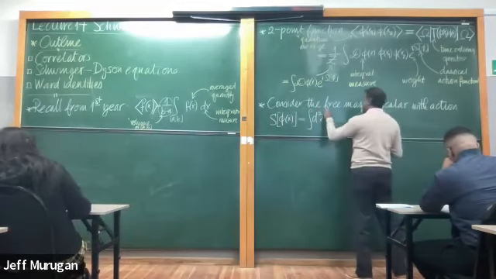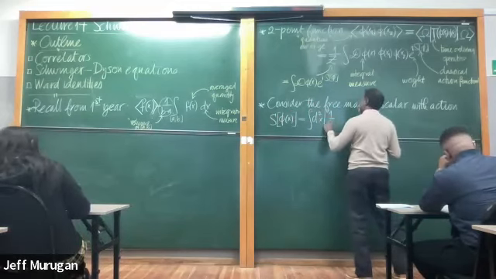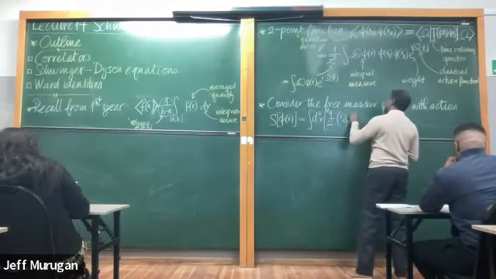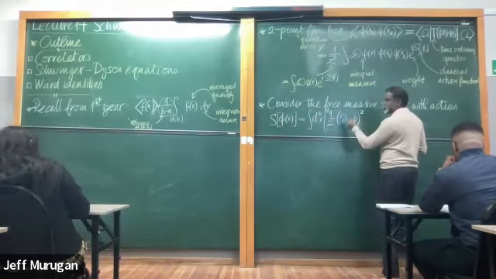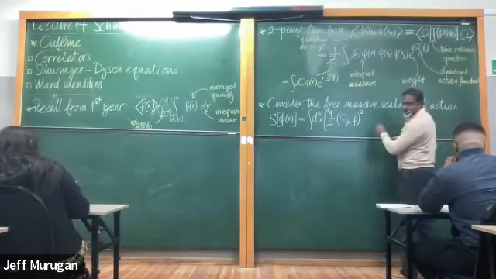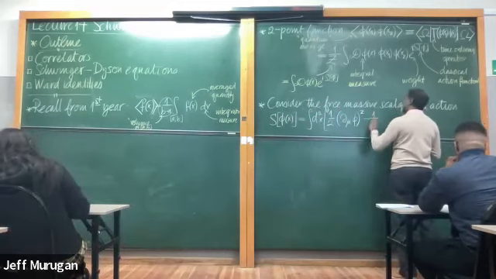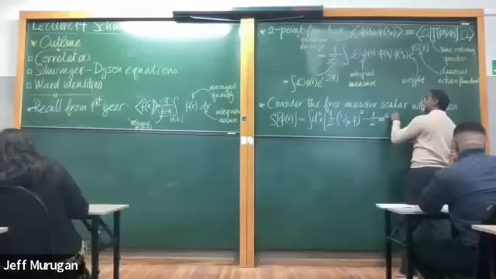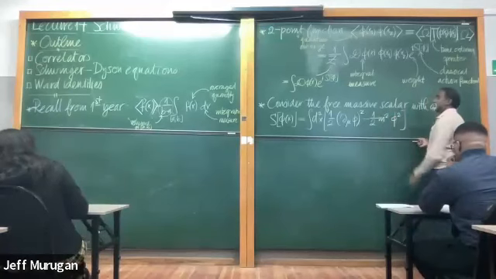So this is a half integral d^4x of (partial mu phi) squared, minus a half m squared phi squared.